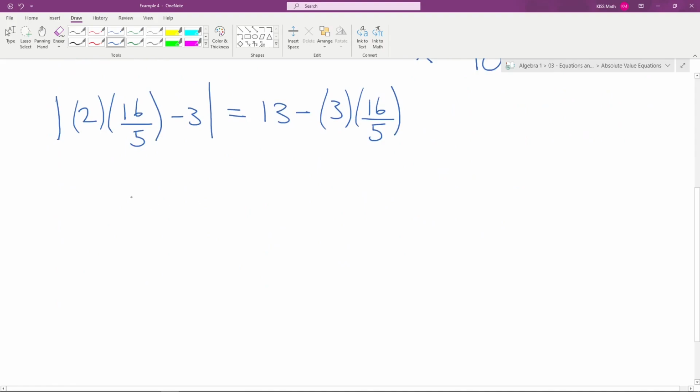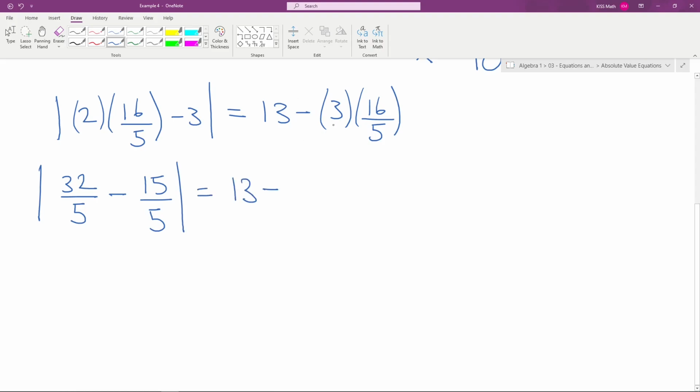So if I evaluate this, I will get absolute value. 2 times 16 is 32 over 5 minus 15 over 5, which is the same as 3, equals 13 minus 3 times 16, which is 48 over 5.